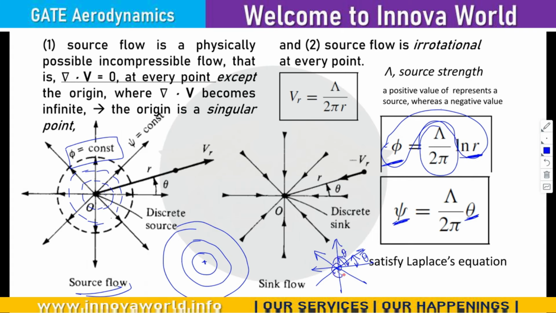When we represent it in terms of theta, that particular function will be the stream function. So the stream function for a source flow will be this radial graphical representation. Is it clear?